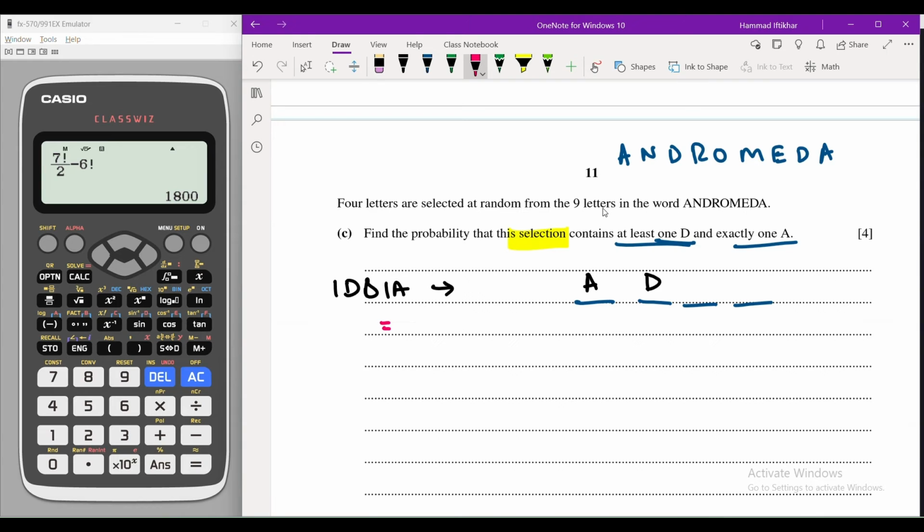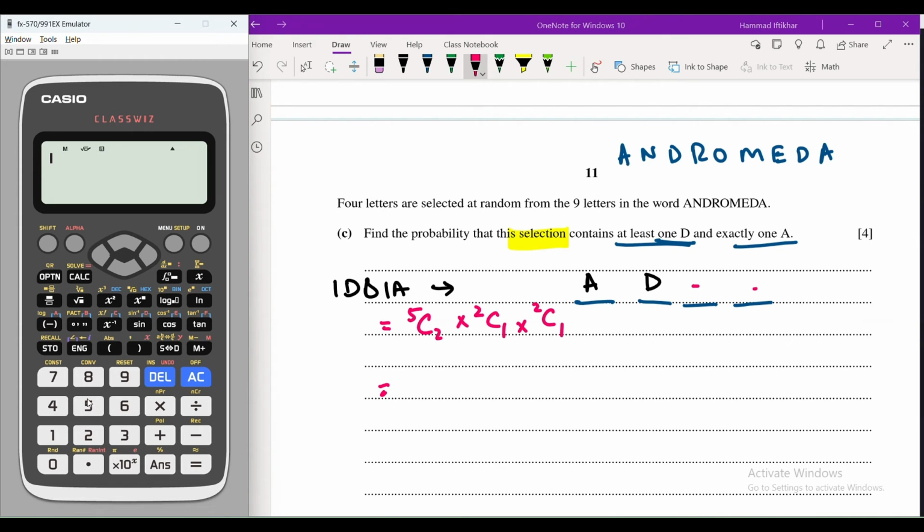So this means that 9 minus 4, 5 letters are left. And we just have to select 2 places. And for either one of the A's, either one of the D's. So we have 5C2 times 2C1 times 2C1. We get 40.